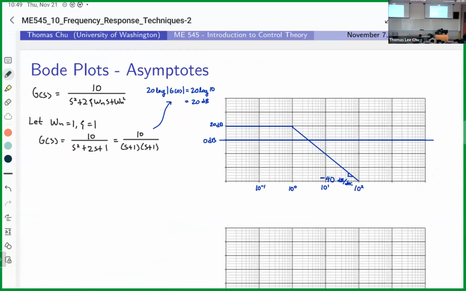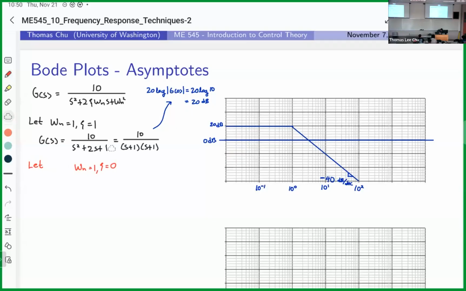So then let's look at a different case. That was when we have a critically damped system. Let's look at an undamped system with the same natural frequency. So let K equal 10, omega n equal to 1, and zeta equal to 0.